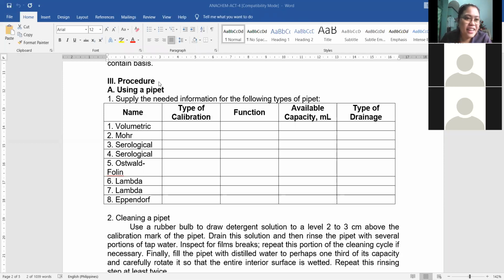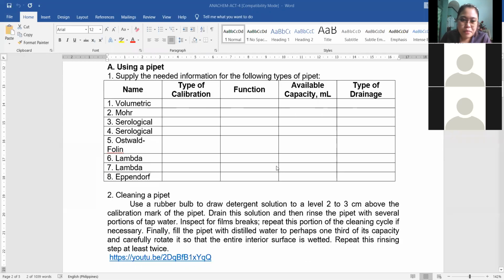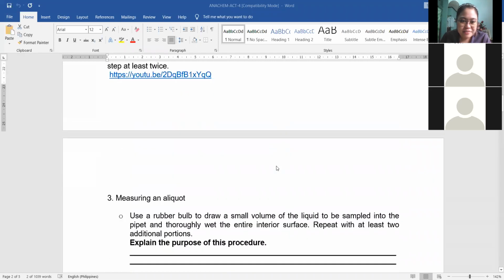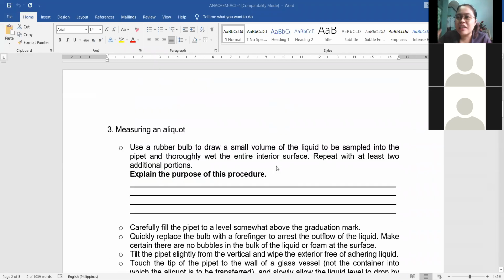Okay? Yeah, timing is really important in pipetting. So ulit-ulitin niyo yung video until ma-familiarize niyo yung procedure and how to clean and how to use the pipette. And para pag mag-practice na kayo, it will be easier sa inyo kasi you know the steps already.